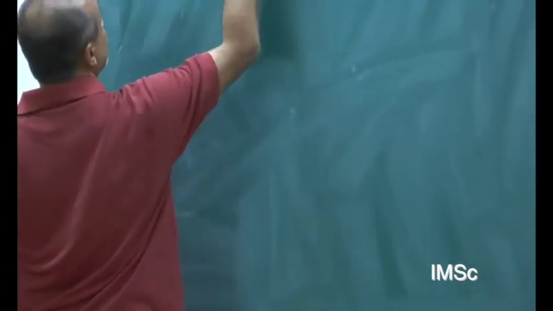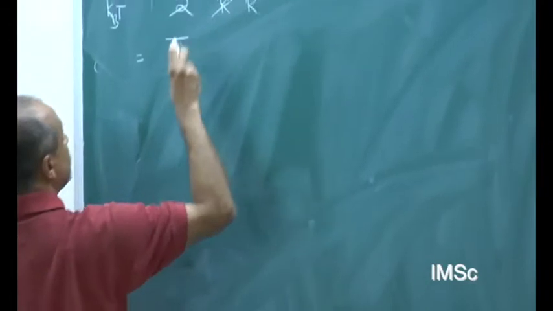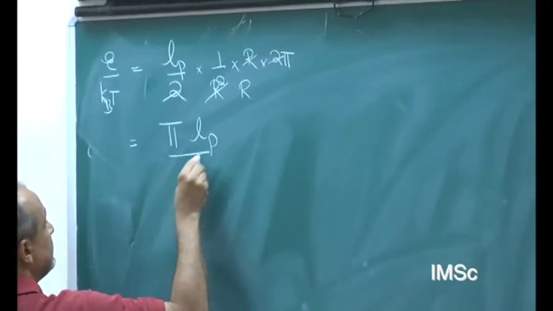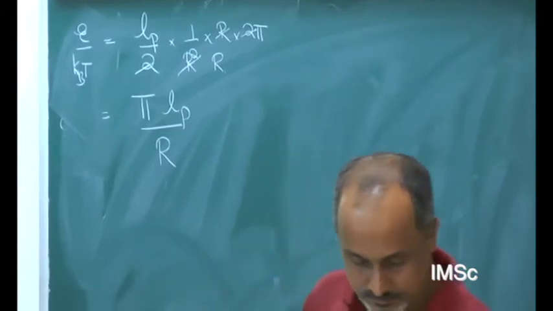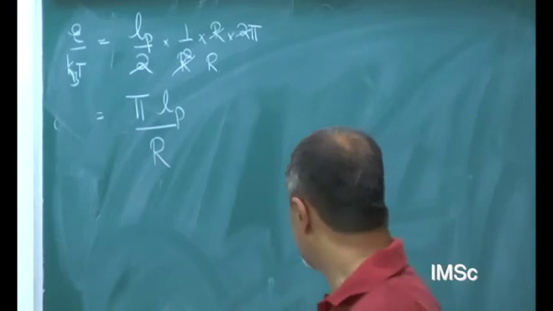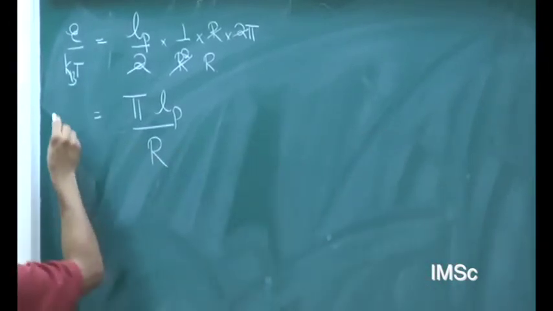The 2 and 2 go away, r squared gives me r. So pi times Lp divided by r. So this is the energy.